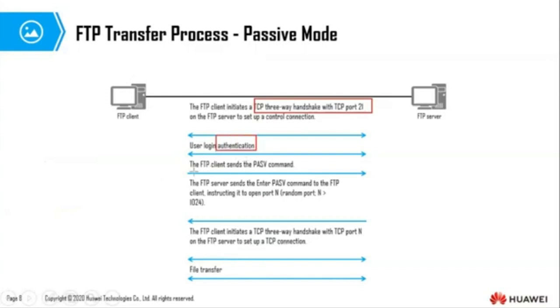But this time, the FTP client sends the pass command. The FTP server then sends the reply to the FTP client, instructing it to open port N. So the client is going to open port N. Then the client will initiate a three-way handshake with TCP port N on the FTP server to set up a connection. Then after that, they're going to exchange data.